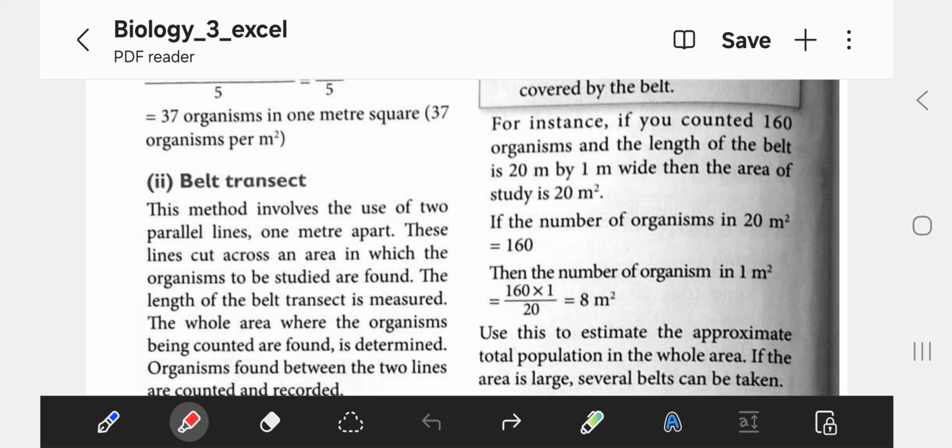So the formula will be first capture mark times second capture, second capture, right? Divided by second capture mark.